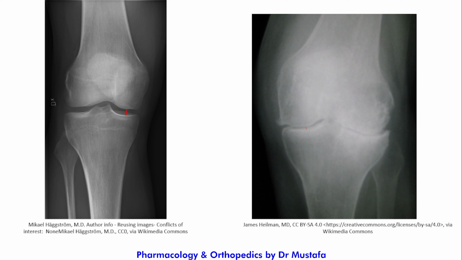If it is less than 3 millimeters, then it is an osteoarthritic change. We can also notice that there are osteophytes here, and we also notice that there is subchondral sclerosis. As we can see here, there is increased density in the subchondral bone, and in the normal one we can see that.